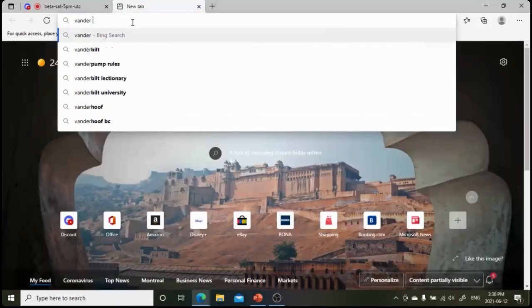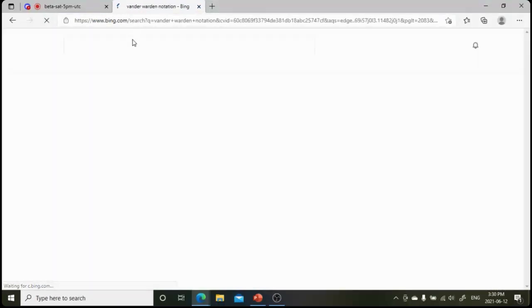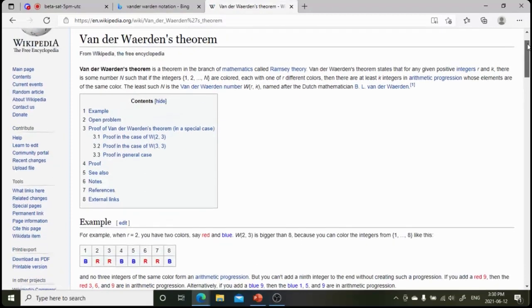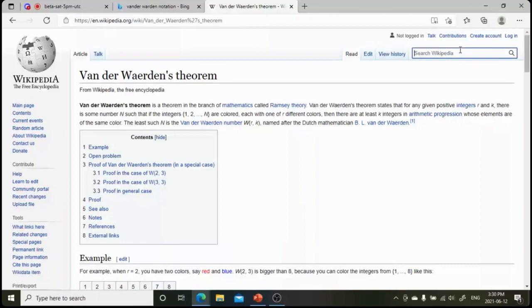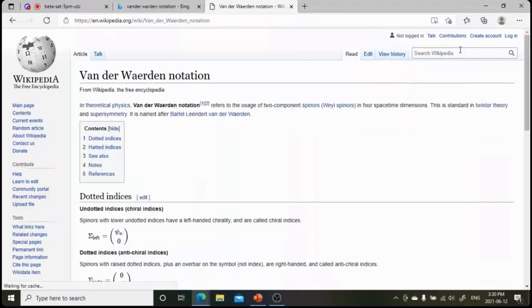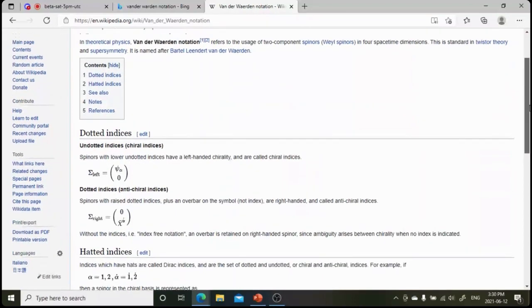Mm-hmm. Van der Waerden. I wonder if it's in my book. I can quickly skim it. Because like they show like 2 of them, I think. Oh no, this is not what I want. Van der Waerden notation. How do you spell it? Okay.